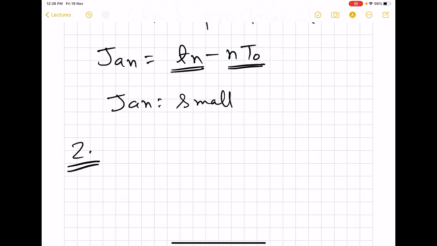So we are now going to talk about a different way of talking about this jitter without the help of an ideal clock. So this is called relative jitter.